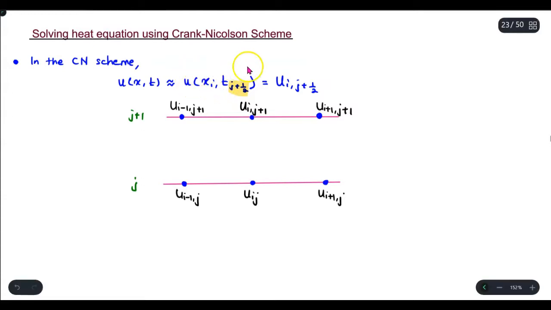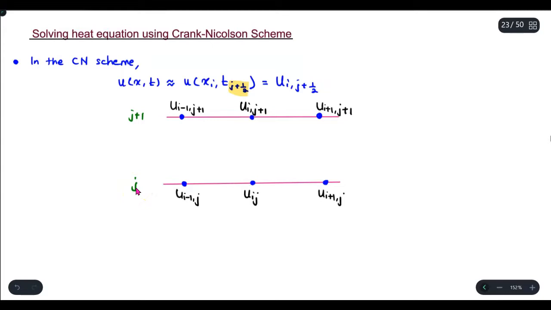So this term here, in short, we can write as u_i^(j plus half). In terms of the grid, this is what you have earlier: you have u_i^j, and to your right is u_(i+1)^j, and so on. At the top here you have u_i^(j+1), because here the level of the y-axis is j plus 1, and this is at j.